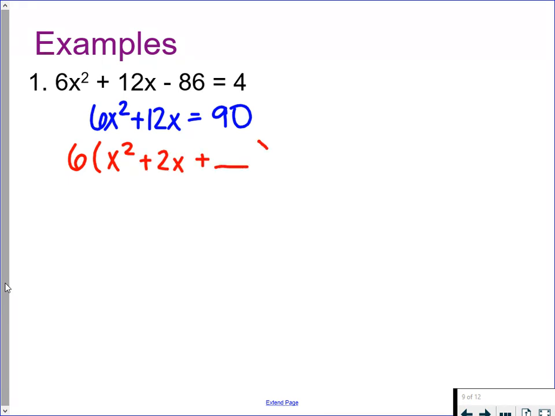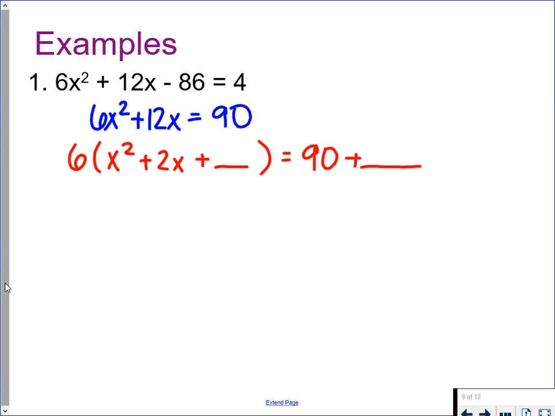Now add your blanks. So what we're technically completing the square with, not the scare, that's actually like a Halloween joke or something like that.